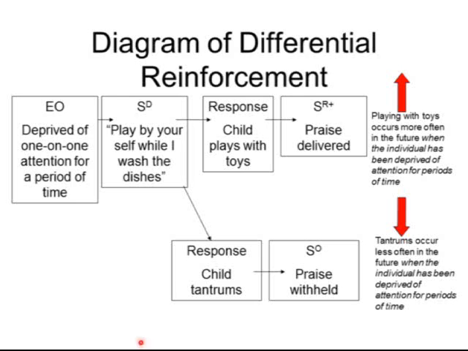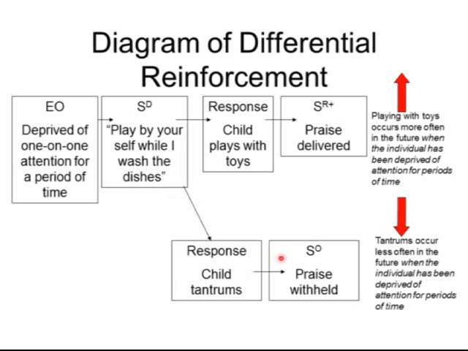So what we had before is the child would have tantrums in situations where he had been left alone for a period of time. He was required to entertain himself. He'd have tantrums, and that would lead to attention from the adult. So under the differential reinforcement paradigm, playing with toys in the presence of these situations leads to praise.